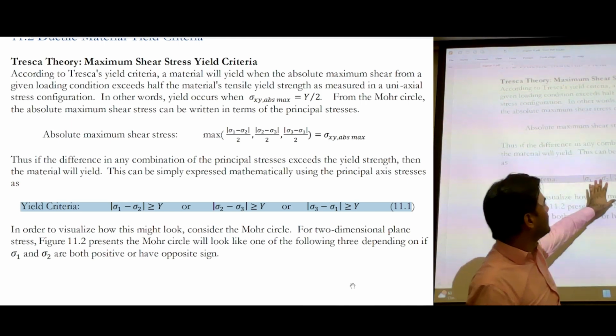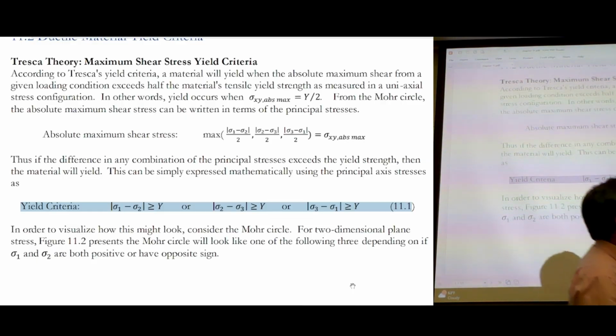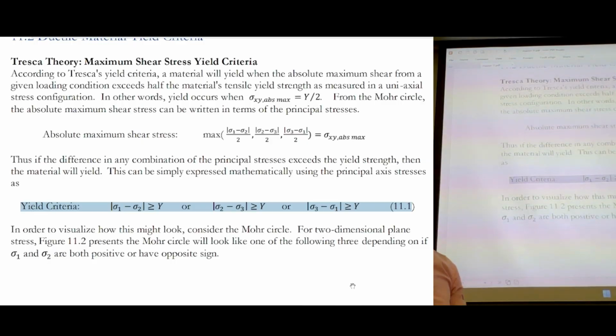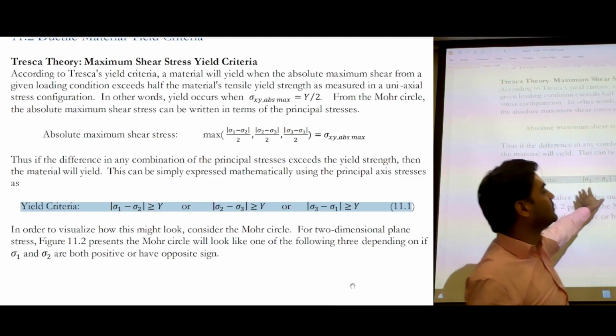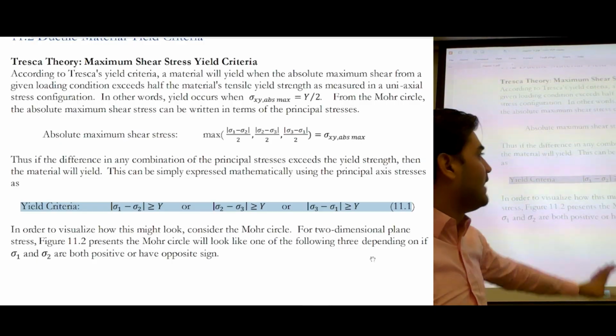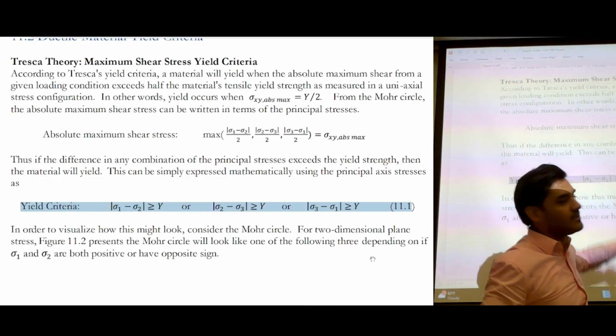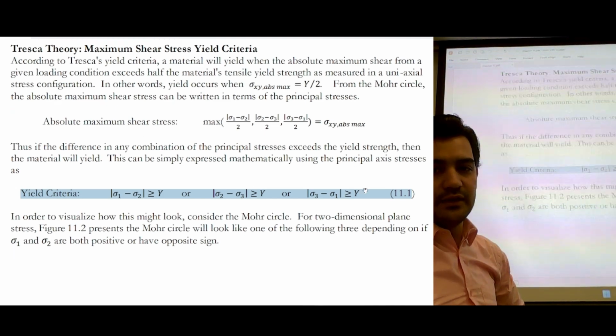If stress 1 minus stress 2, or stress 2 minus stress 3, or stress 3 minus stress 1 is higher than the yield, then we will observe yielding, we will observe permanent deformation, or if it's a ductile material, we may observe fracture if the stresses exceed the yield point. That's how you check whether a member is going to yield or not, and we have to keep those stresses lower than the yield stress. So this was Tresca theory.